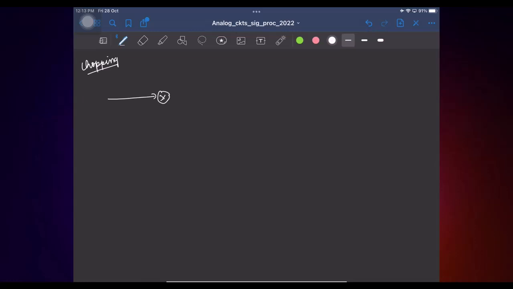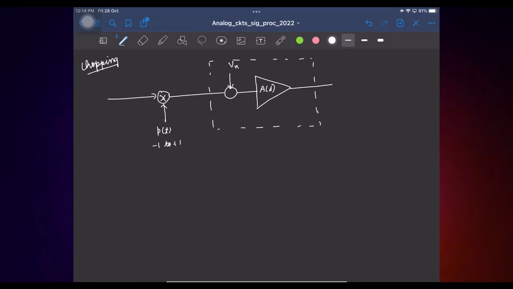In chopping, we multiply the incoming signal by a periodic square wave that goes from -1 to 1, and that is given to the amplifier, and let's say the amplifier has some flicker noise or offset, and let's say the transfer function is this. Okay. And at the output you again multiply with the same p of t here.